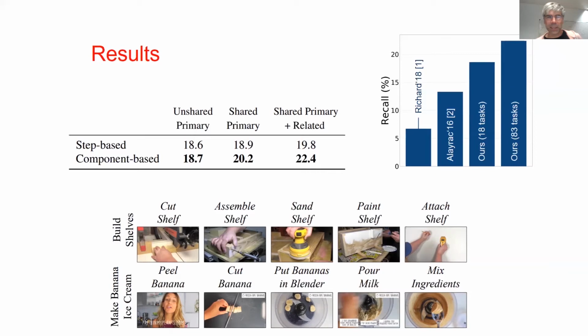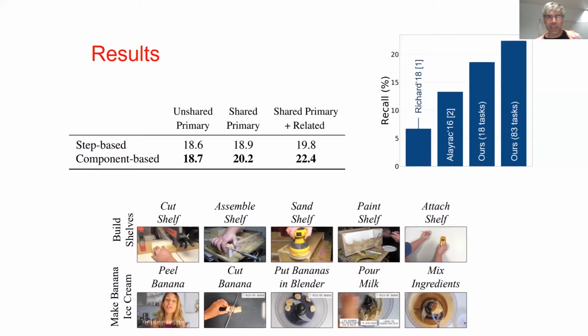And shared primary task related means that we learn on all 83 tasks we have in our dataset. Row-wise, we compare two things. One is the step-based classifier, and one is a component-based classifier.